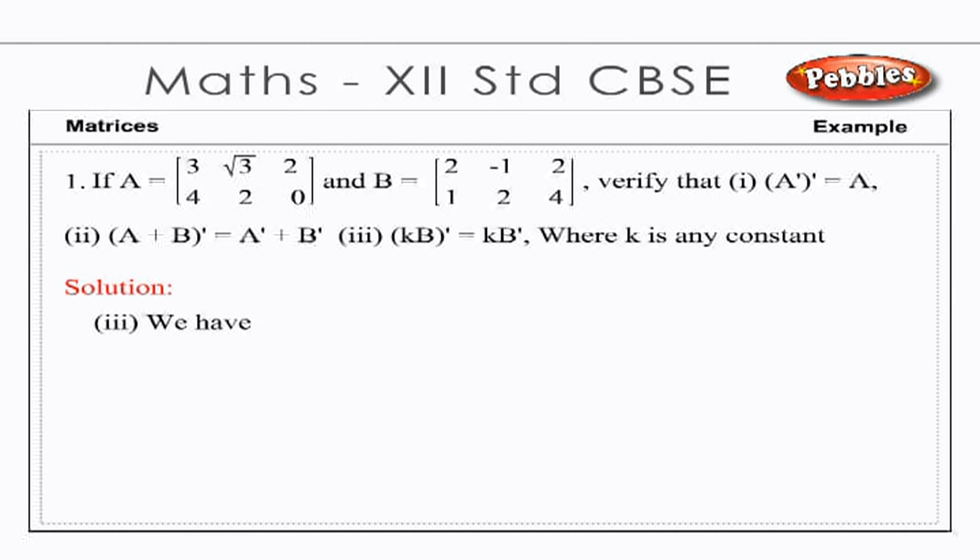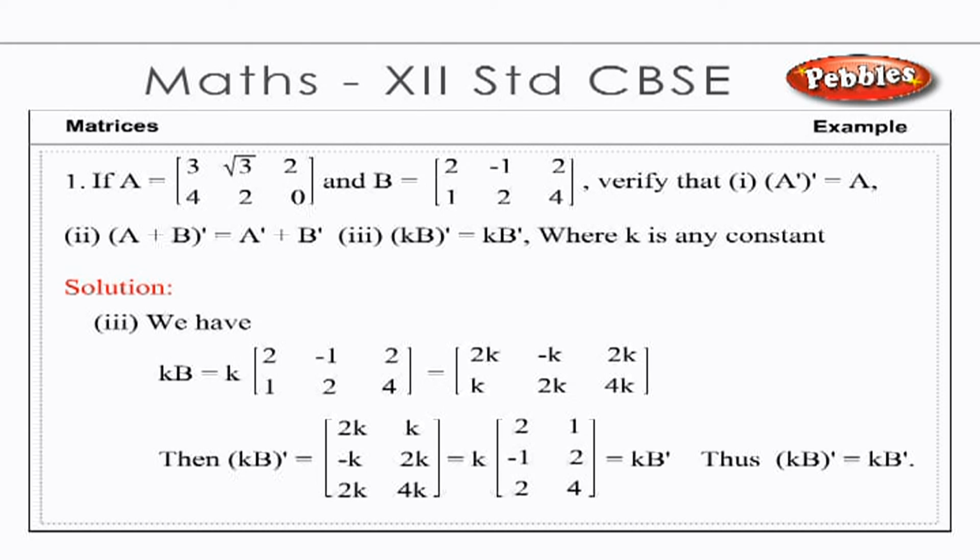Subdivision 3. We have kB is equal to k into matrix 2, minus 1, 2, 1, 2, 4 is equal to matrix 2k, minus k, 2k, k, 2k, 4k.